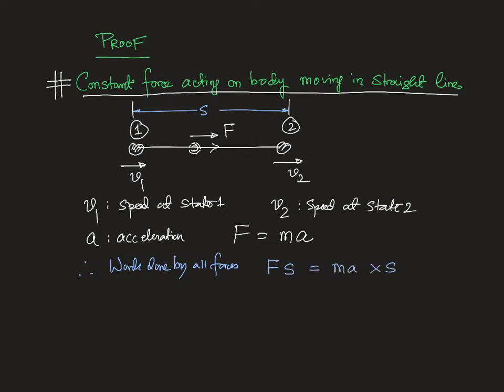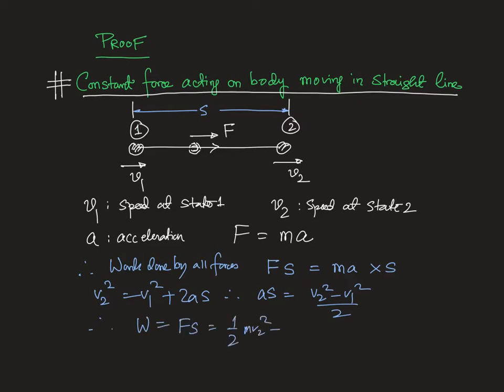Now v2 square equals v1 square plus 2as, so a can be replaced by v2 square minus v1 square over 2s. Therefore the work done by all forces, F into s, is half mv2 square minus half mv1 square, which is KE at state 2 minus KE at state 1.